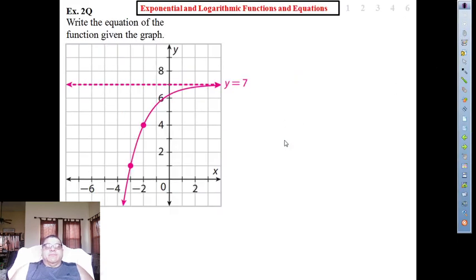Here we go. Example 2q. 2q reads, write the equation of the function given the graph. They give us the asymptote of y equals 7. And the reference points given are, the one closest to the asymptote is -2, 4.